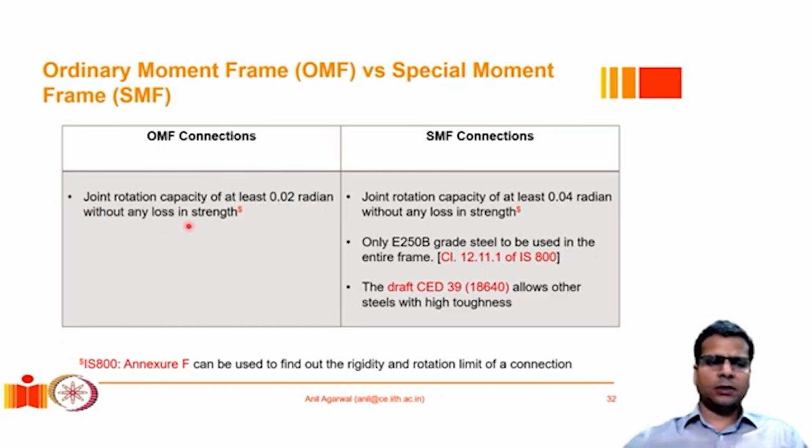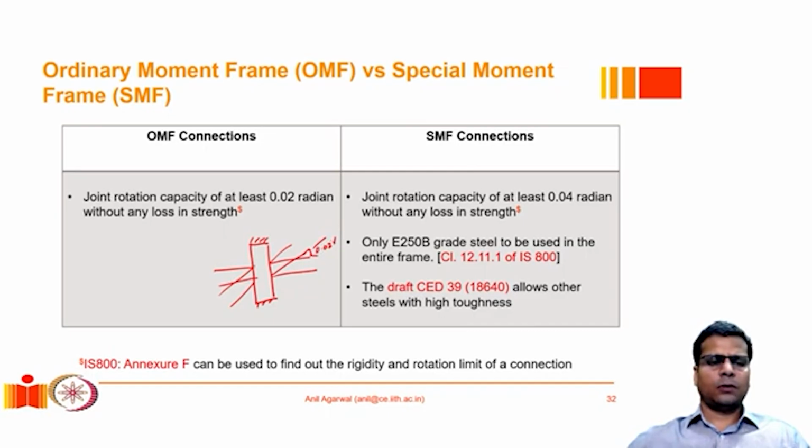What do we mean by this much of rotation? Basically, if we think of a column like this and a beam which is connected to this column rigidly like so, and if we have these columns in fixed position and the columns are very rigid, they don't move, and the beam moves, the beam should be able to move by an angle which is 0.02 radians.